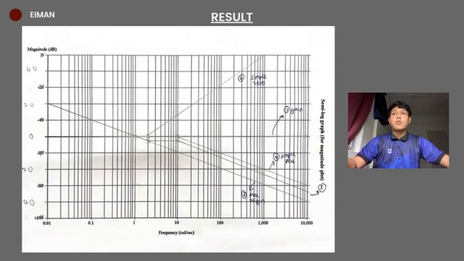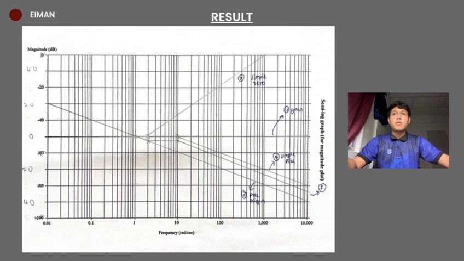Okay, now I'm going to show you how to plot a Bode plot for a transfer function step by step, including both magnitude and phase plots. We'll look at how to break the function into simple parts, analyze each part, and then combine them to sketch the final graph.